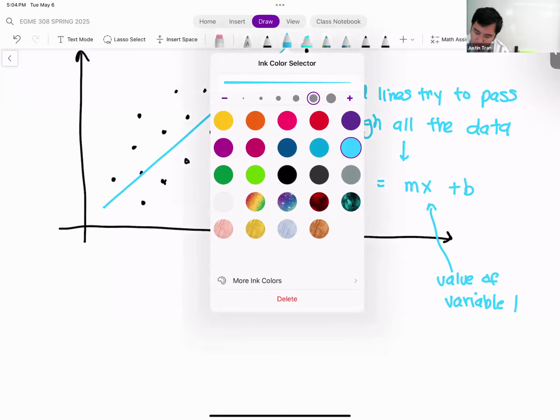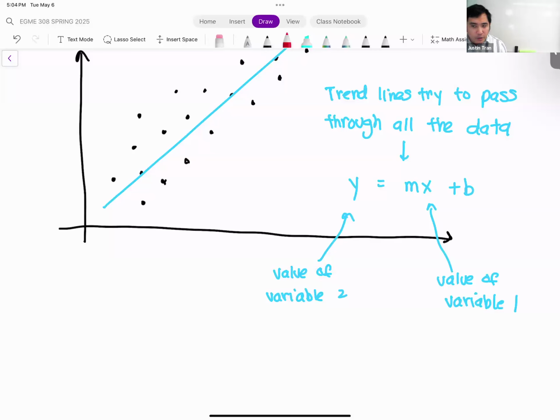Right, so you can see here that this equation represents a relationship between your two variables, okay? And it's because an equation is usually a lot easier to interpret than a scatter plot, okay? But the things that you need to determine on the trend line are m, where m is the slope of your line, okay? And b, of course, this is your y-intercept.